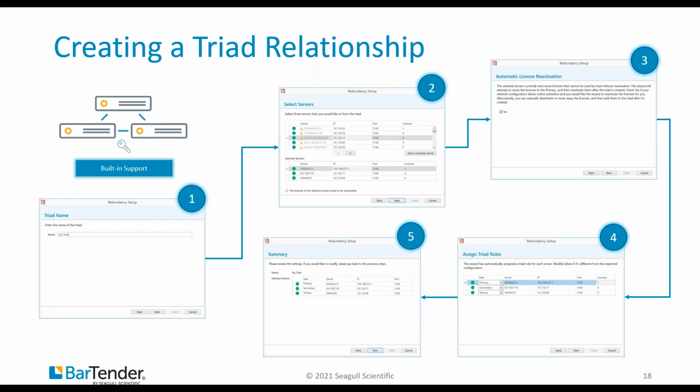That's screenshot number 2. The wizard will automatically detect all of your license servers that it can see on the network, so you'll see a large list there, and you would select the 3 that you wanted as part of the Triad. But if for some reason the server that you wanted wasn't listed, then you can click the Add a License Server button that you see there and manually specify the host name or the IP address of the license server to be located.